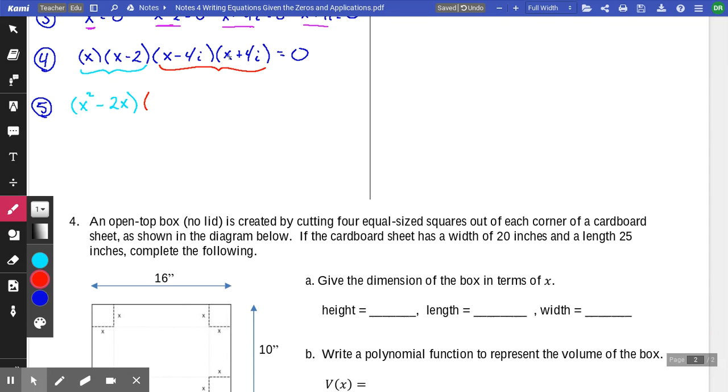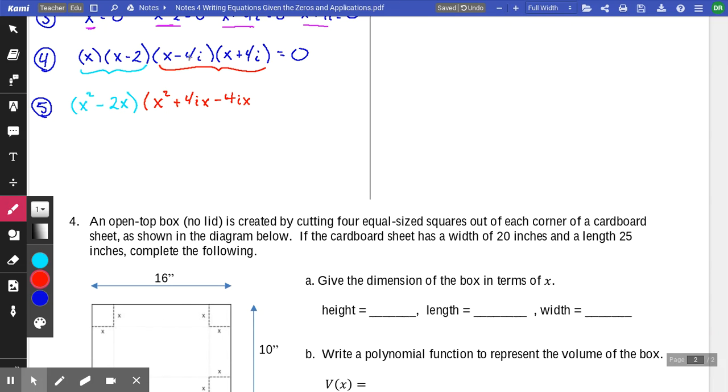So we'll take x times x, which is x squared, x times a positive 4i, that's plus 4ix here, and then negative 4i times x would give us minus 4ix. Not sure the order really matters there.